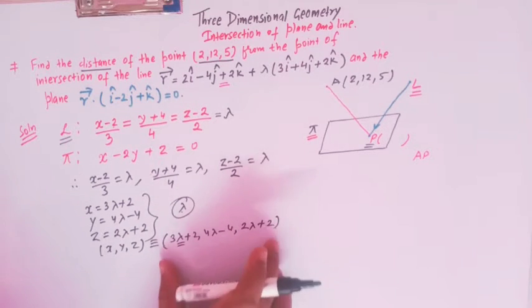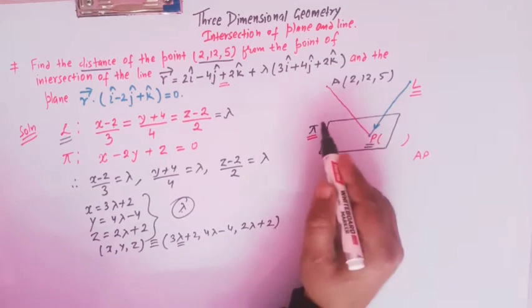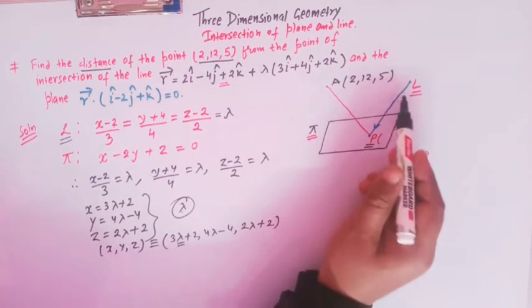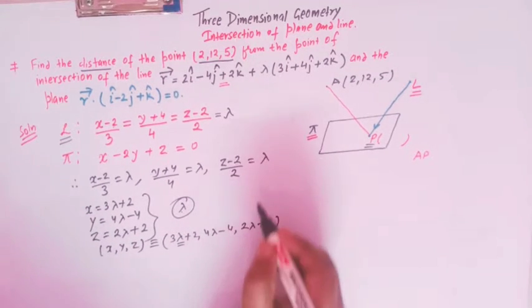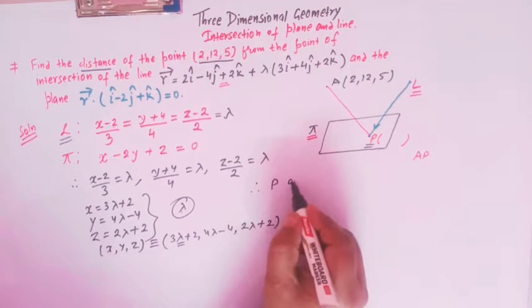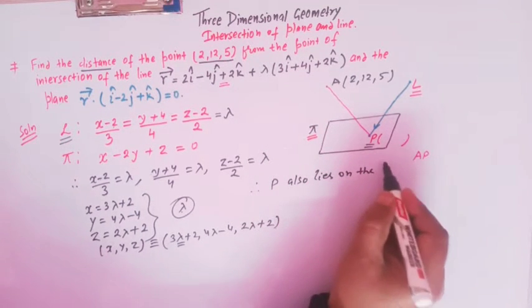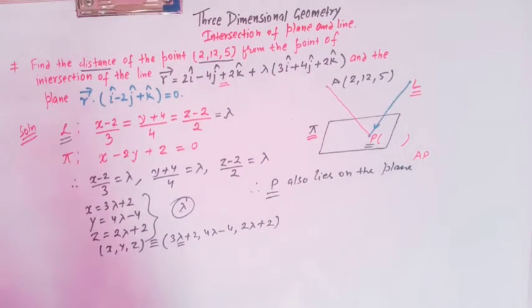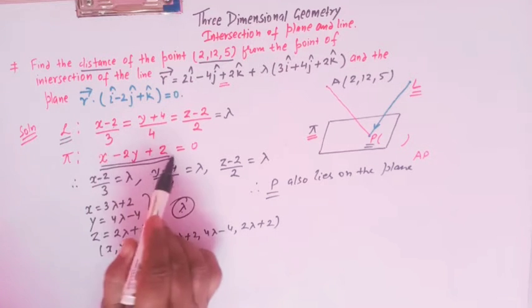So now we see that this point P lies on the plane also, because this point P is the intersection of this line L and the plane pi. So therefore P also lies on the plane, right? So when this point P lies on this plane, it has to satisfy the equation of the plane.